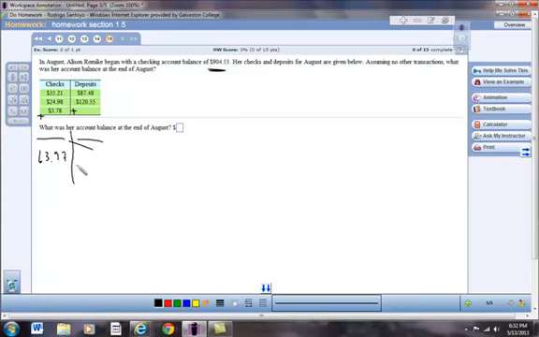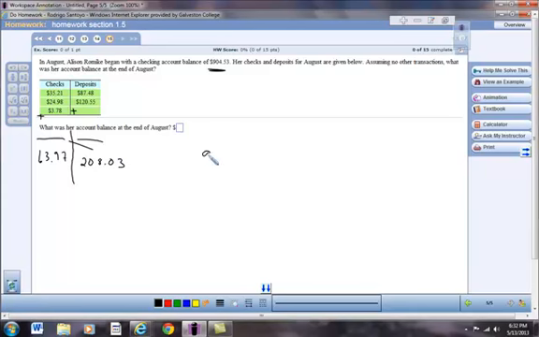And let's add the second column. We got 87.48 plus 120.55. That gives us a total of 208.03.